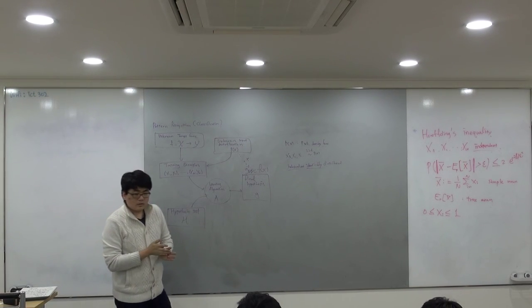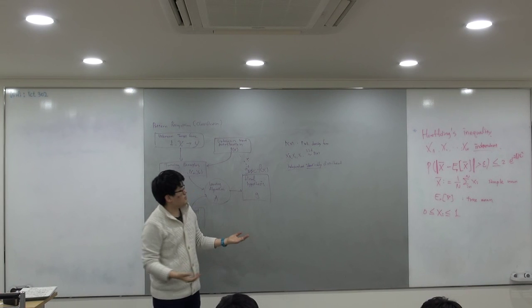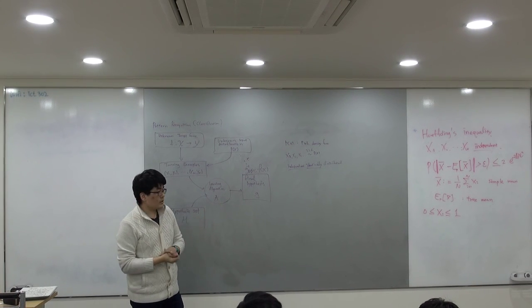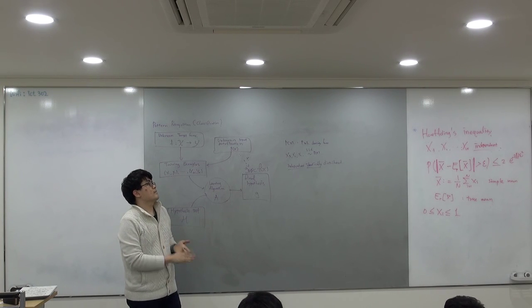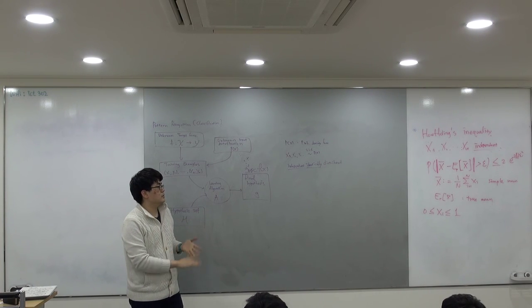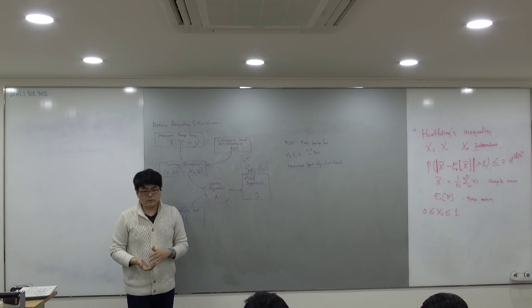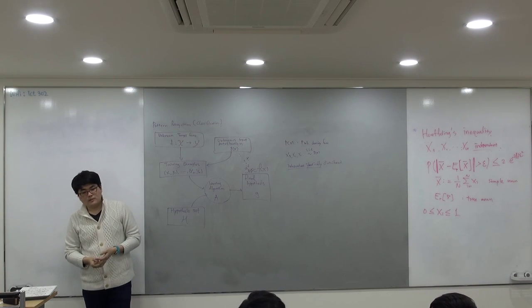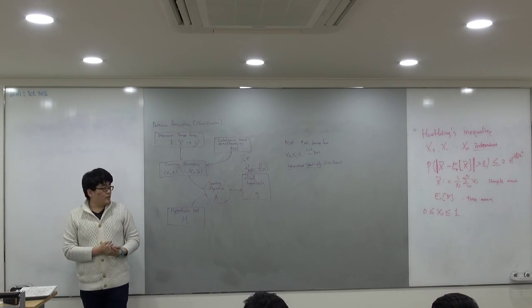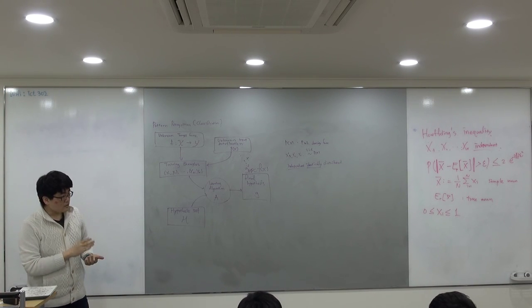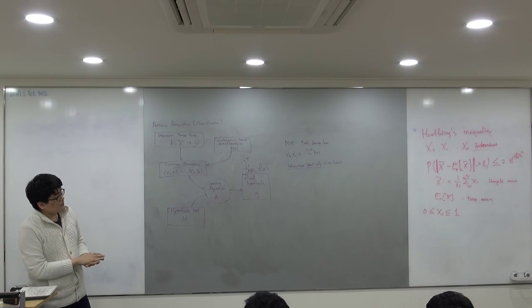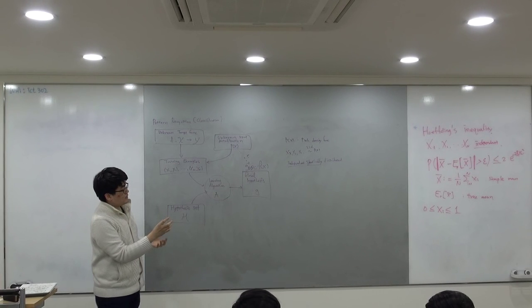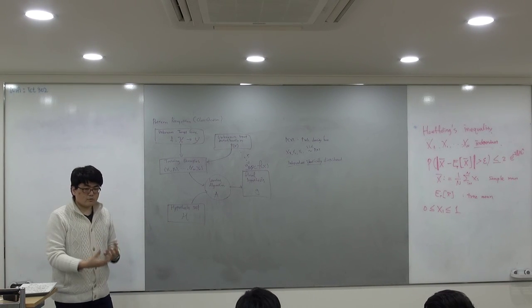So, do you get the idea why I mentioned the Hoeffding inequality? It's actually some kind of generalization or extension of the law of large numbers. If you have a large number of samples, if you take the sample average or empirical mean, then your mean will be very close to the true mean.